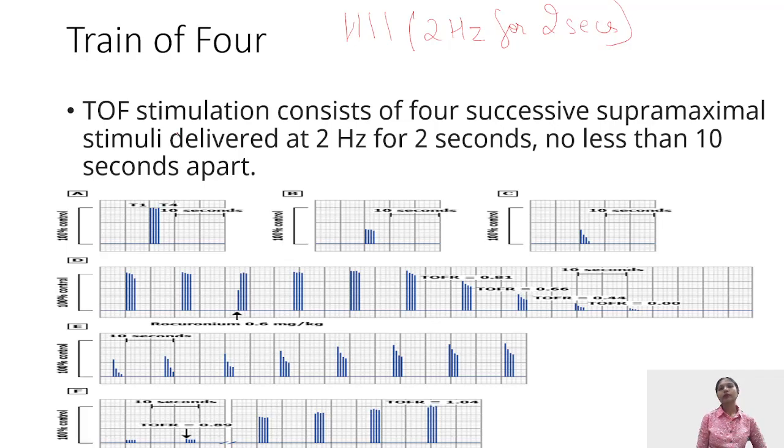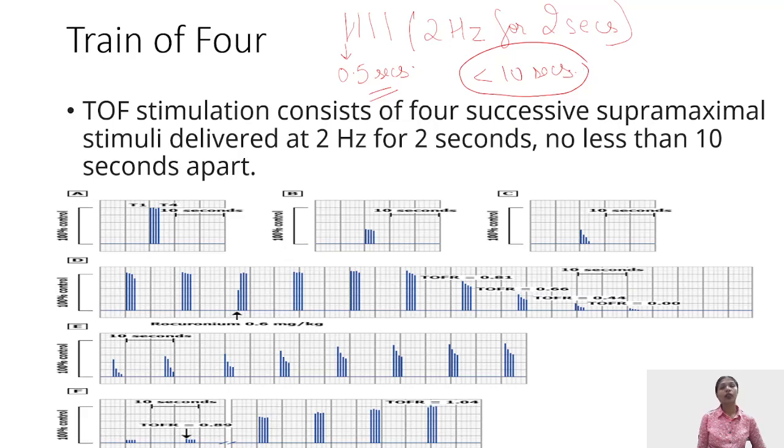Train of 4 is given as 4 consecutive supramaximal stimuli at 2 Hertz. Each stimulus is, as I've already told, 2 seconds in total, so we can divide it: each stimulus is 0.5 seconds. And you don't have to repeat the train of 4 stimuli in less than 10 seconds.